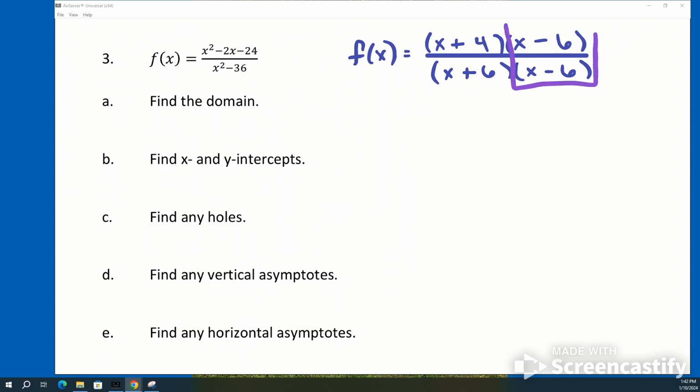Okay, I'm going to go ahead and box up my x minus 6. So there's two things that x cannot be because that's going to give you 0 in the denominator. What are they? Very good. 6 and -6. So that means that we're going to either have a hole or a vertical asymptote at 6 and -6. We're going to figure out which is which in just a second.